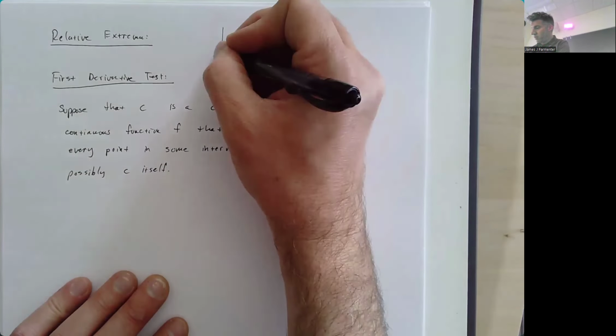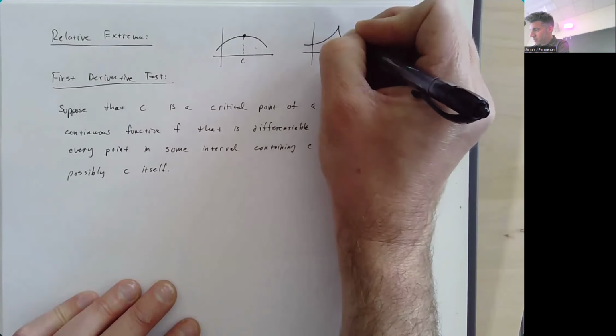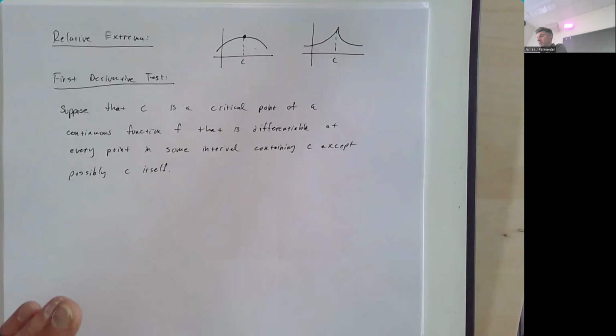But it could also look something like this, where the function is continuous everywhere around C and differentiable on an interval containing C, except at C. Because again, we've classified critical points as points where the derivative is either equal to 0 or doesn't exist. And those critical points are candidates for relative maxima and relative minima.